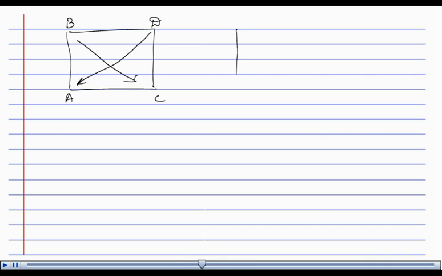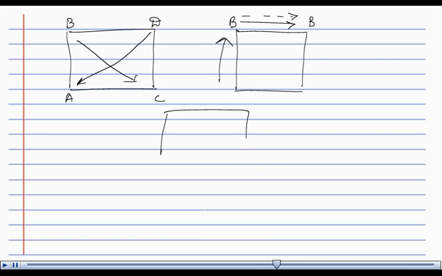Later, they had shifted one side clockwise and anti-clockwise. That is, B has shifted from this position to this position. Similarly, D has shifted from here to this position.